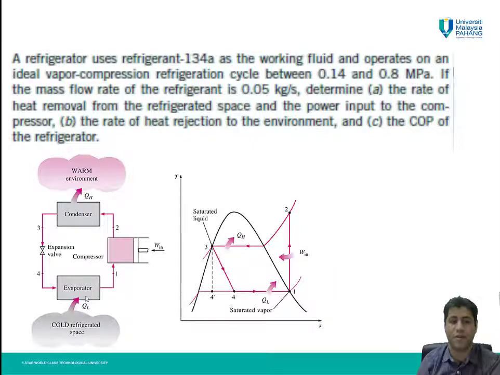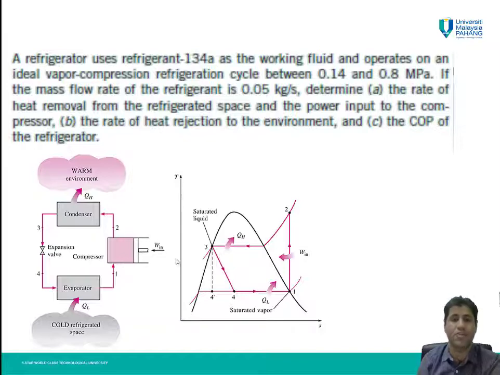We have a compressor, evaporator, and also condenser. The QH, or the heat, is rejected in the condenser to the environment, and the QL, or heat, is absorbed by evaporator from the cold refrigerated space. And also we have compressor, which we need power input to run the compressor.